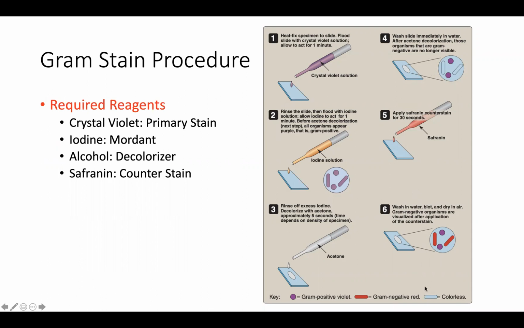Then we would visualize it under the microscope and we would either see cells that appear purple or violet, or we would see those that appear a pinkish red color. And that is how we would interpret or categorize our bacteria cells based on the result of the Gram stain procedure. It's a very simple procedure where all you're doing is adding a few drops of dye and rinsing, and it takes about 5 minutes to do.